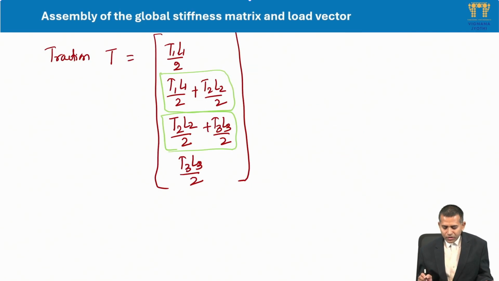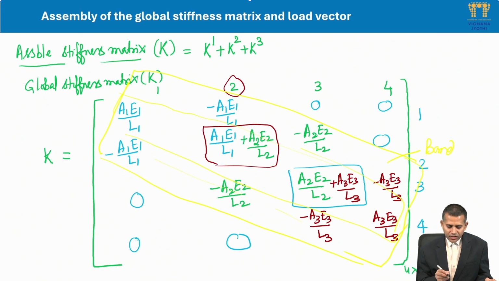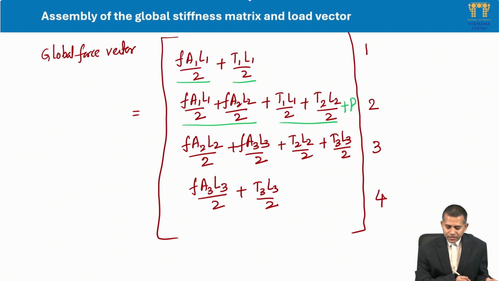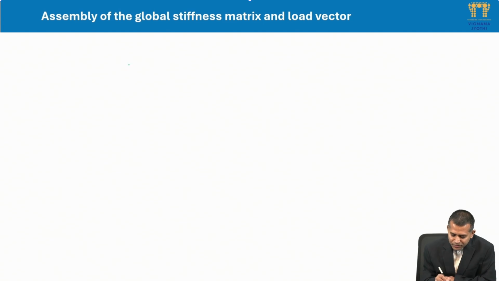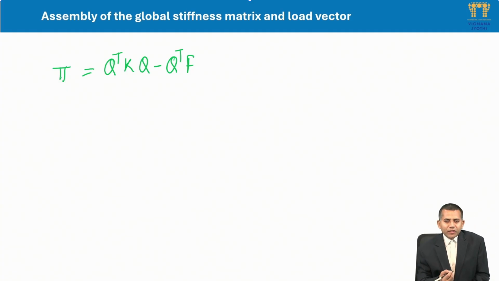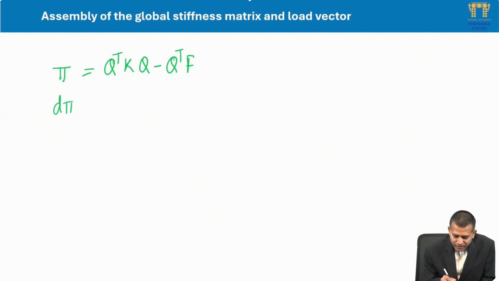So once you know the global stiffness matrix K, and you get the global force vector, then you can write the entire expression, Q transpose K Q minus Q transpose F, which is nothing but your potential energy. Then you can apply the boundary conditions and find the stable position for the system by minimizing the potential energy, that is d pi by dq equated to 0.